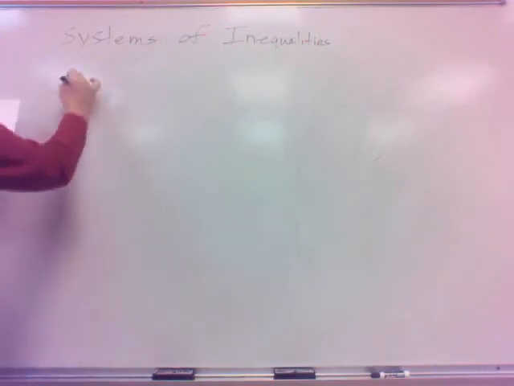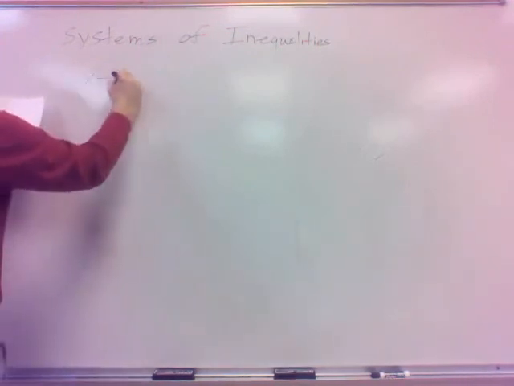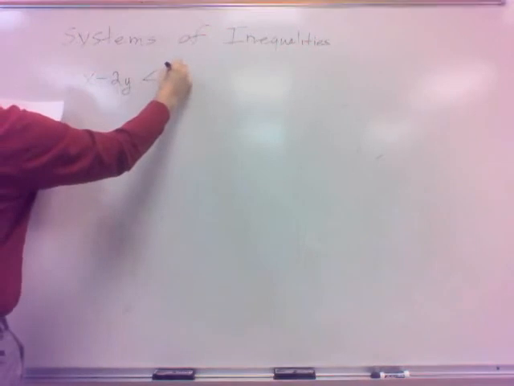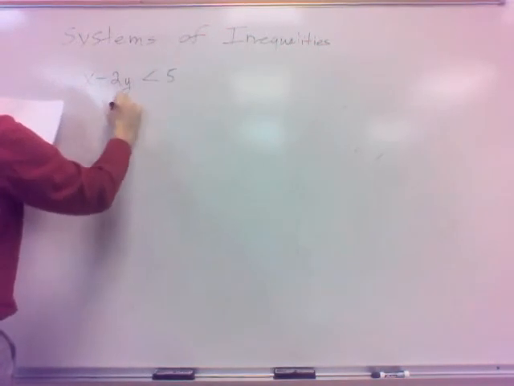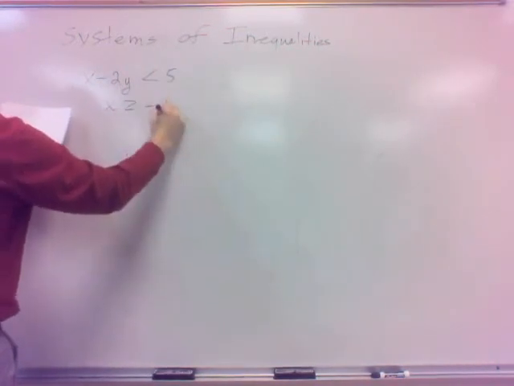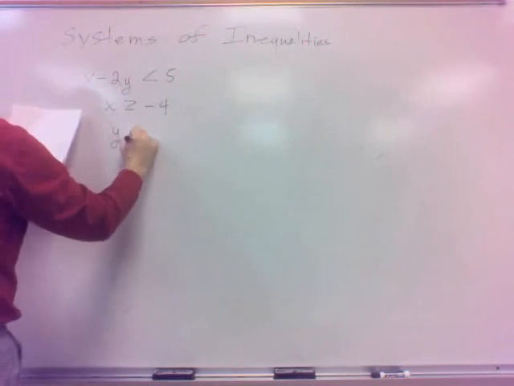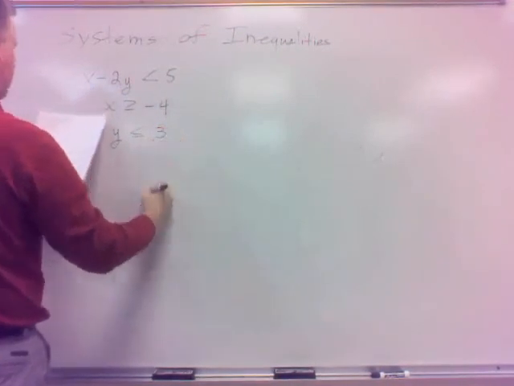All right, let's do x minus 2y less than 5, x greater than or equal to negative 4, and y is less than or equal to 3.